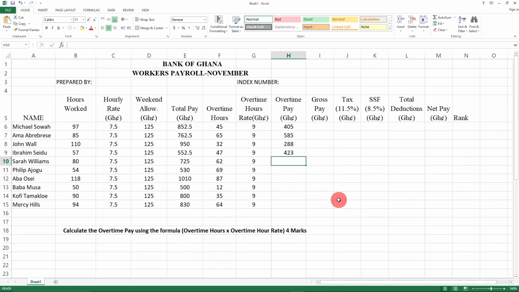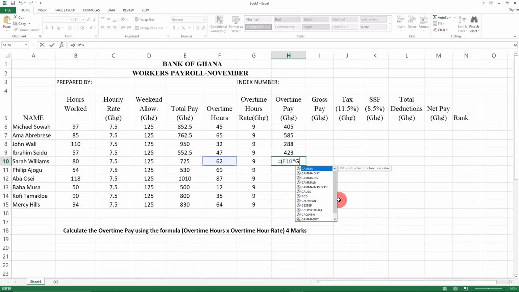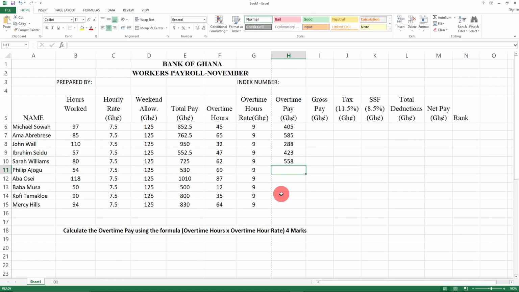Sarah is F10 equal F10 by G10. Okay, we are done. Let's go to Philip. Philip is F11 equal F11 times G11. Yep. The next one, 12, is Abba.